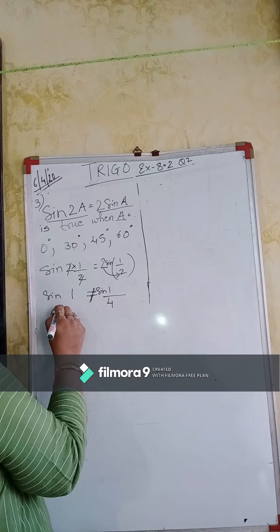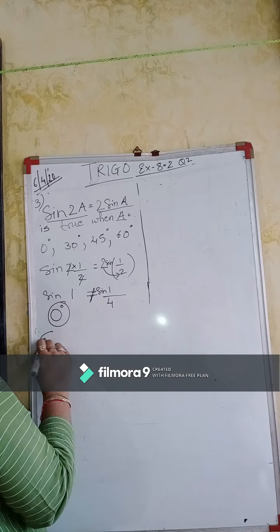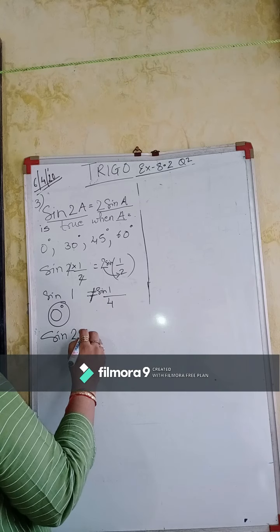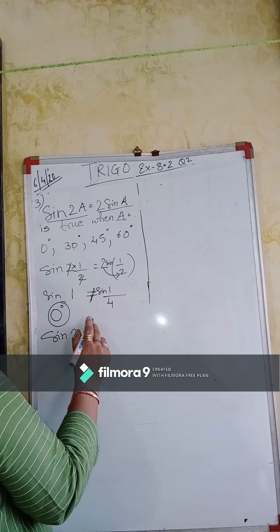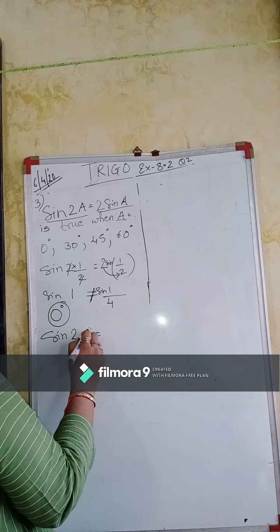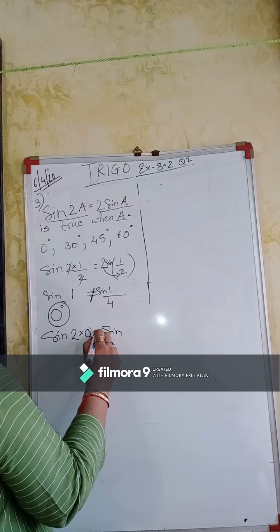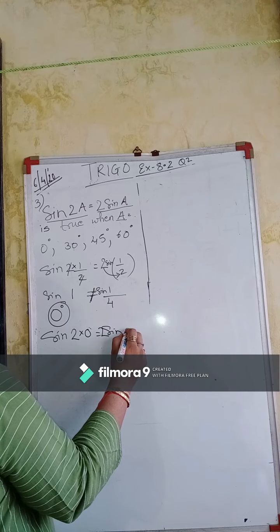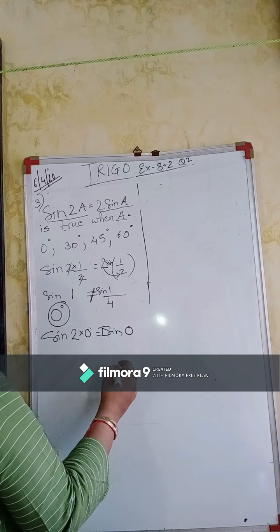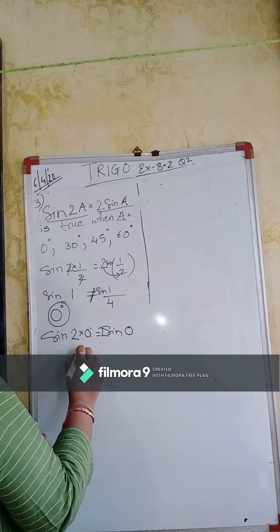I think only when it is 0 degree, because sin 2A at 0 degree is 0, and 2 sin 0 degree is 2 into 0, which is 0.